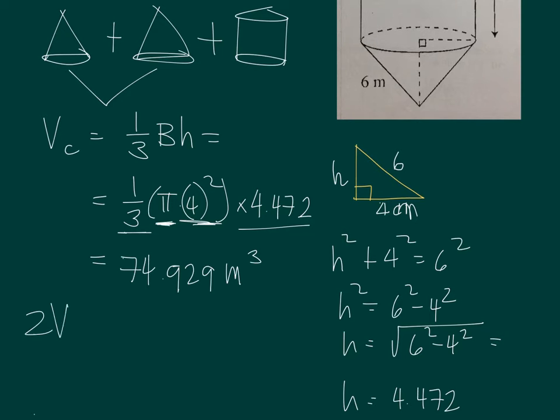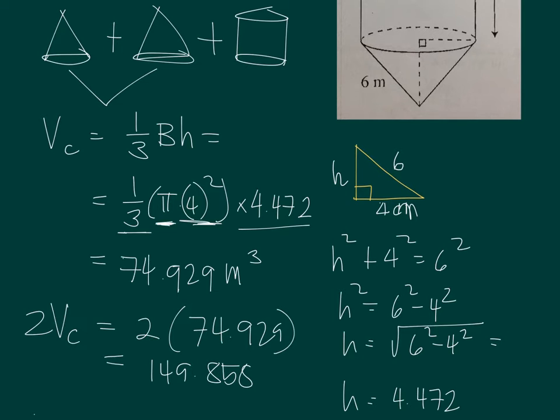So 2 times the volume of the cone is 2 times 74.929, that's 149.858 m cubed.